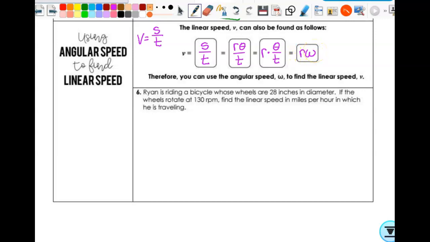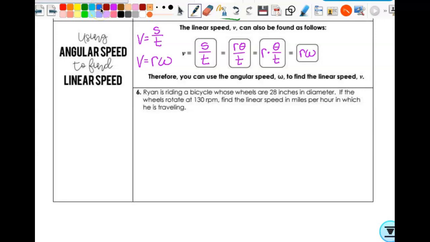So your velocity is arc length over time, or velocity is also radius times angular speed, or omega. And you can do it either way, depending on what information you're given or whatever you feel like finding first. I don't really care. I prefer the first way, and I'll show you why in just a second, unless I'm actually given omega. But let's look at number 6, and we'll talk about that.